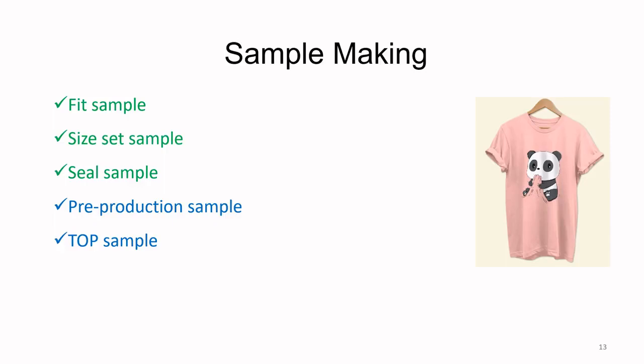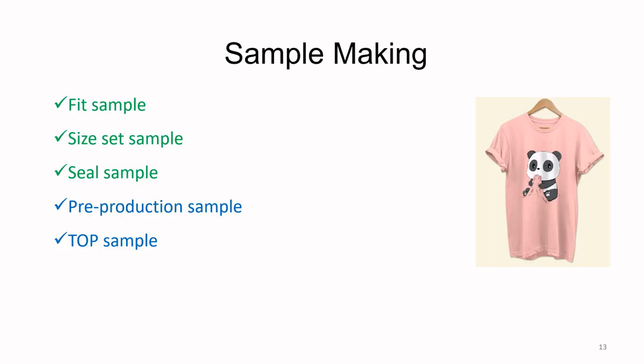The pre-production samples are samples which are made by the production department before they start the actual bulk production. That is to show the method and the quality that the production department can deliver, and that has to be approved by the buyer.